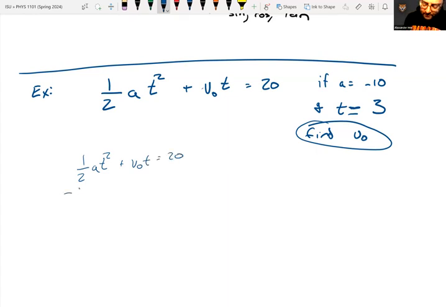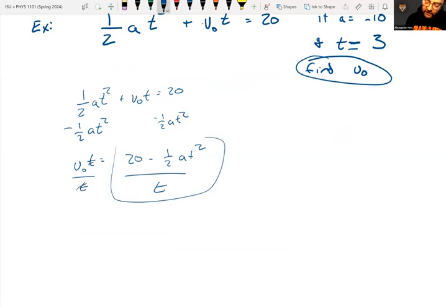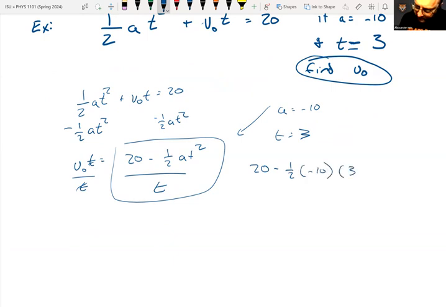Knowing the steps, you subtract your 1/2 a t squared, and you have v naught t is equal to 20 minus 1/2 a t squared. Then to solve for v naught, you divide both sides by t, and those would cancel, and you get v naught equal to this. Now you can do a equals -10 and t equals 3 if you're so inclined. That would be 20 minus 1/2 times -10 times 3 squared, all over 3.